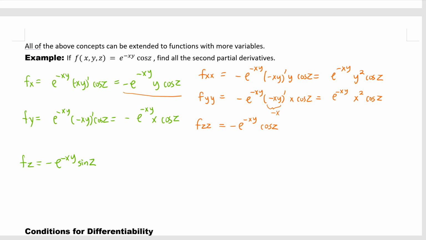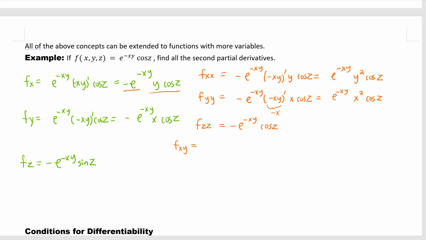Okay. And for the mixed partial fxy, in this example, fxy and fyx are the same, so you can just calculate one of them. So let's do this one. We take the derivative with respect to y of fx. So we can consider this guy together, this guy together.